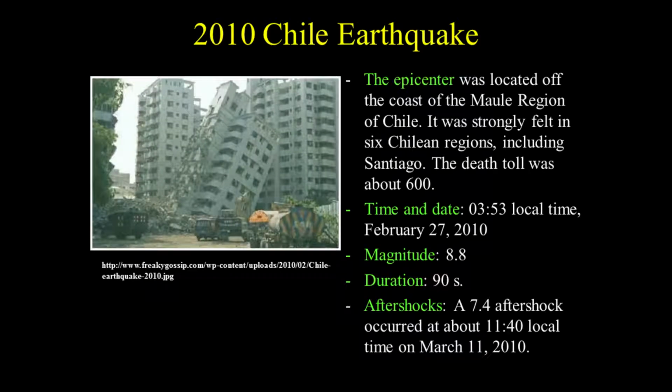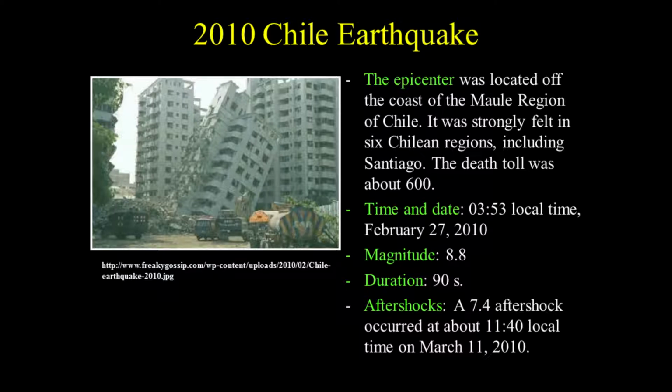Here's a picture of the damages from the 2010 Chile earthquake. The epicenter was located off the coast of the Maule region of Chile. It was strongly felt in 6 Chilean regions, including Santiago. The death toll was about 600.